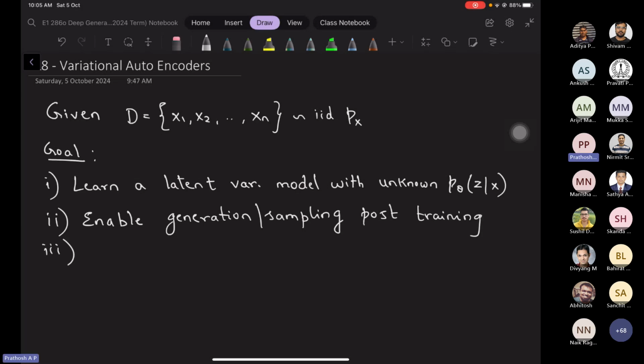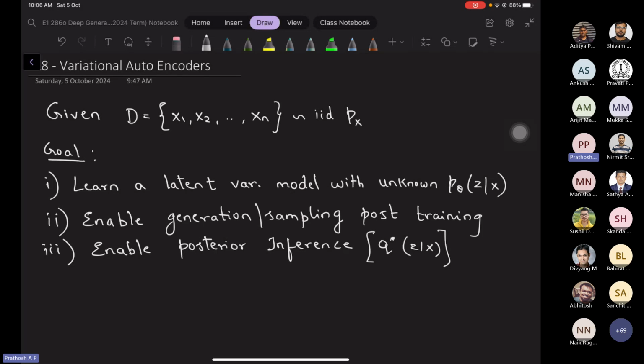The third goal is to enable posterior inference, which is nothing but estimating Q star of z.